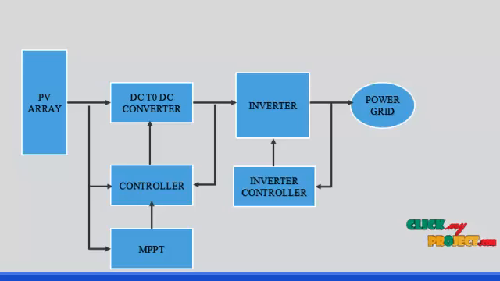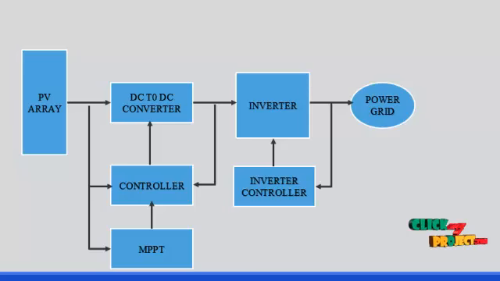In the sliding mode controller, the output of the DC to DC converter is also considered as the reference, and the PV voltage error is also considered. So finally the controller generates the pulses for the DC to DC converter.